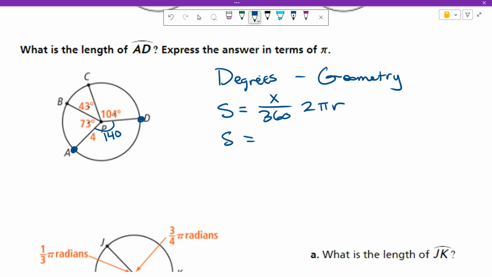So that's the angle I'm worried about to figure out this arc. So it's 140 over 360 times 2 pi, and my radius is 4.